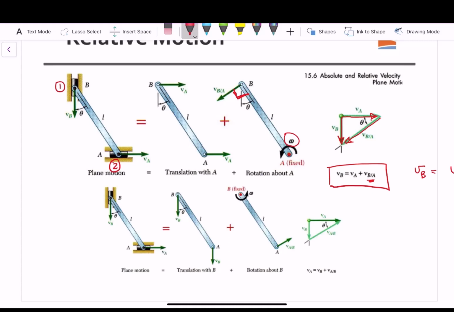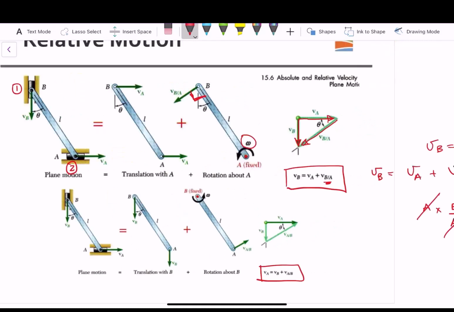What if we want to solve for VA? VA is equal to VB. VB just goes down. And then we're going to add VA with respect to B. So in this case, it's like positioning yourself at position B, and A is moving with respect to that. So again, you're stationed at point B, and everything is rotating around you from that point.